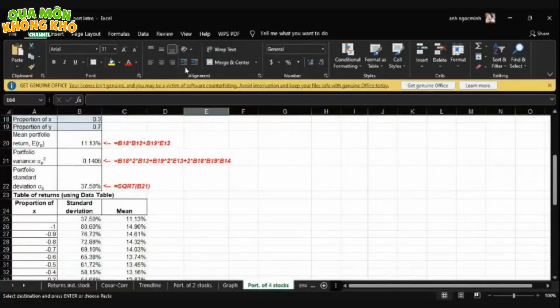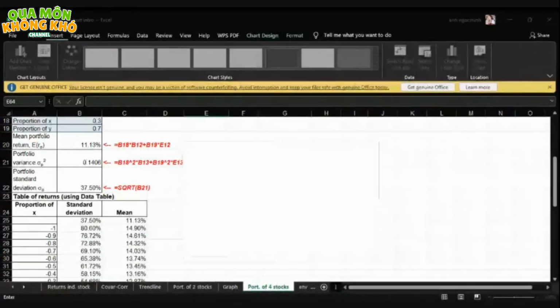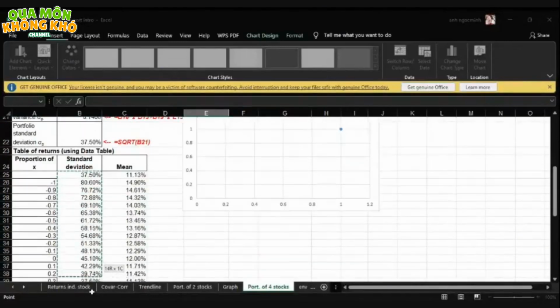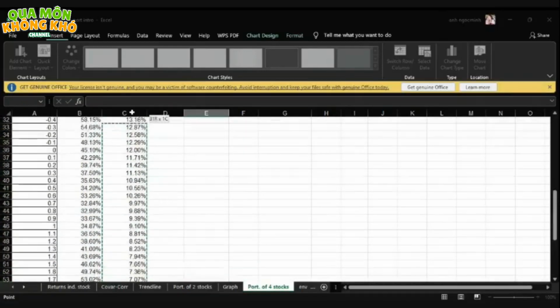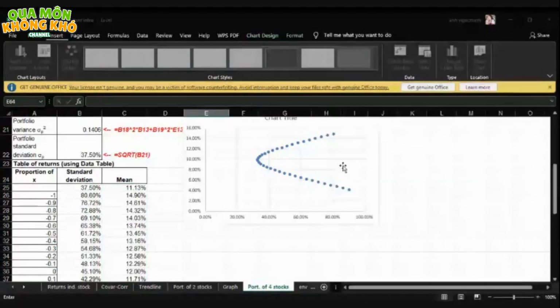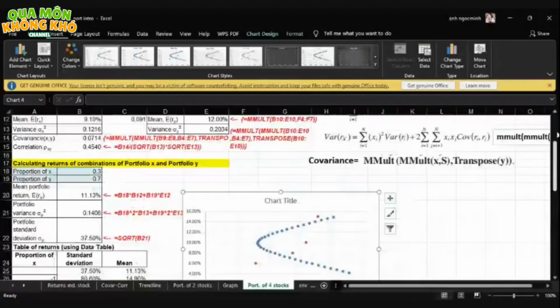And I will illustrate these into the graph too. X is standard deviation, Y is return.